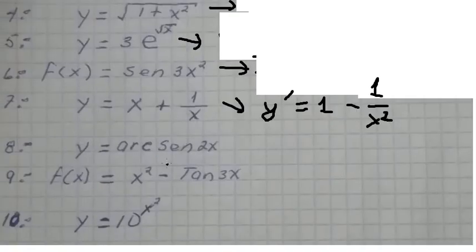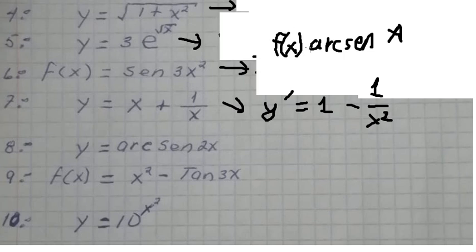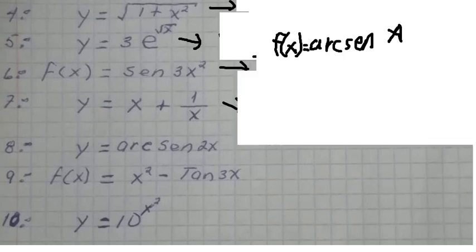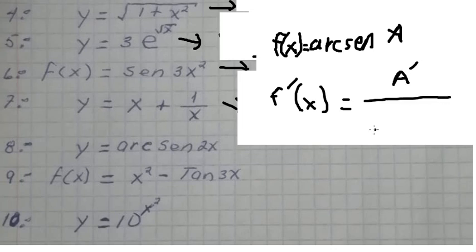The next one, question number 8. The first derivative of arc sine. You will get the first derivative of a on the numerator over the square root of 1 minus a squared.